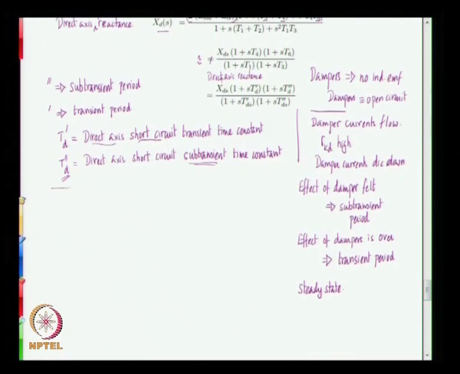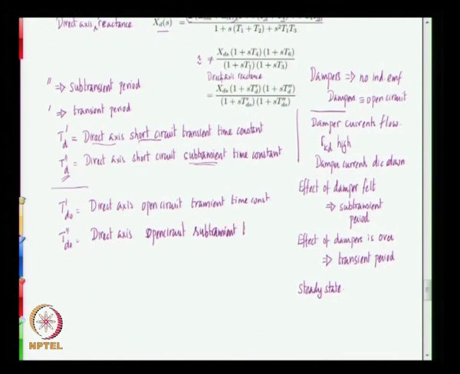Similarly, in the denominator, you have T1 replaced by T dash d0, which is called the direct axis open circuit transient time constant, and T double dash d0 is called the direct axis open circuit subtransient time constant.